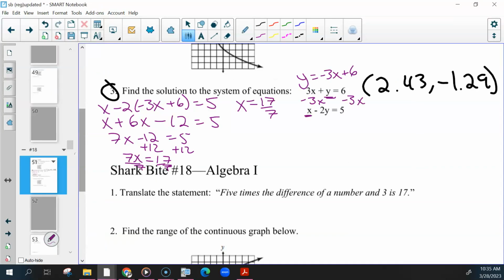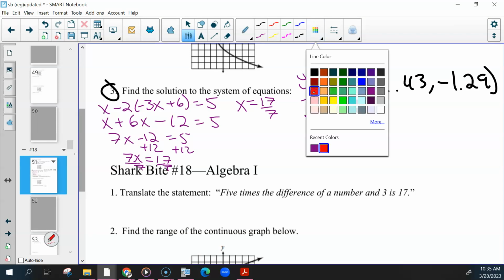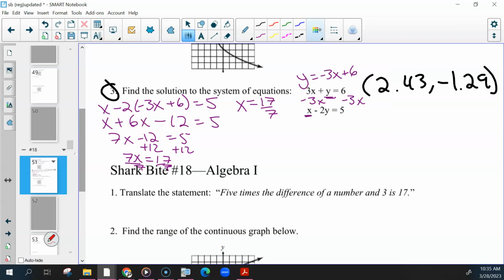And then I would put that back in to find my y value. The easiest one to put back in would be the one I already solved.